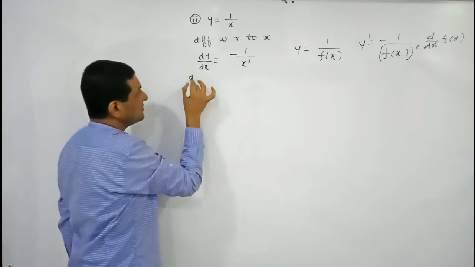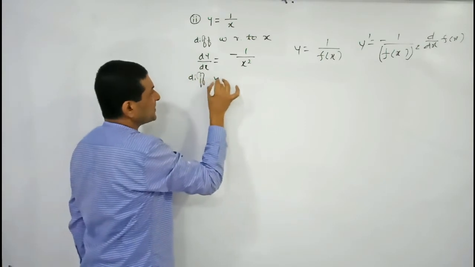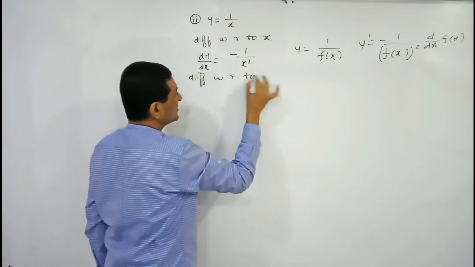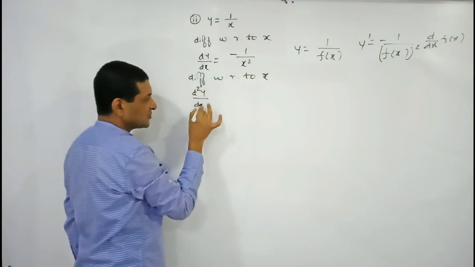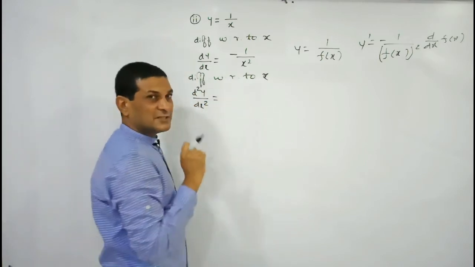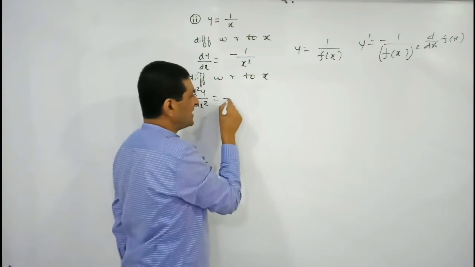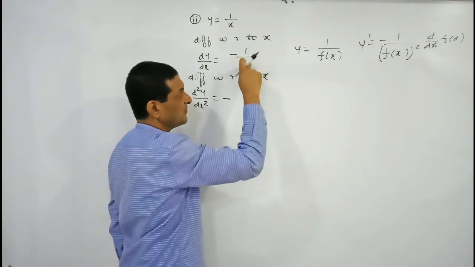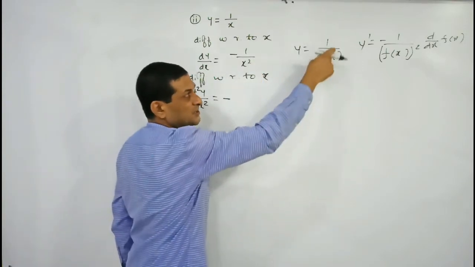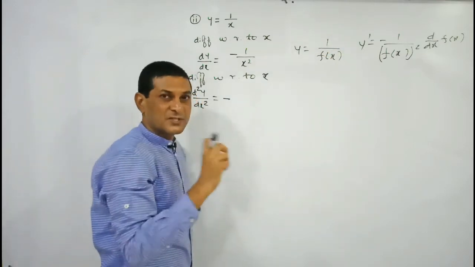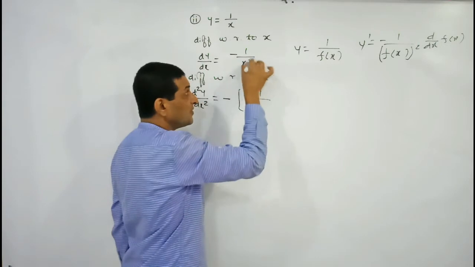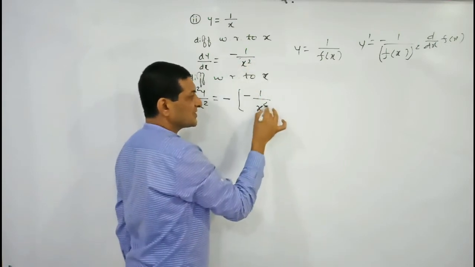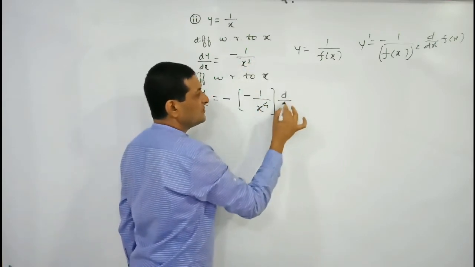So again we are differentiating it with respect to x. Let us differentiate it with respect to x. So the derivative of y is d2y upon dx square. Here we can observe that this function is in the form of, keep this minus as it is, the remaining term is in the form of 1 upon f of x. So if the function is in the form of 1 upon f of x, its differentiation is minus 1 upon square of f of x, means the square of x square is x raised to power 4, into derivative of f of x.